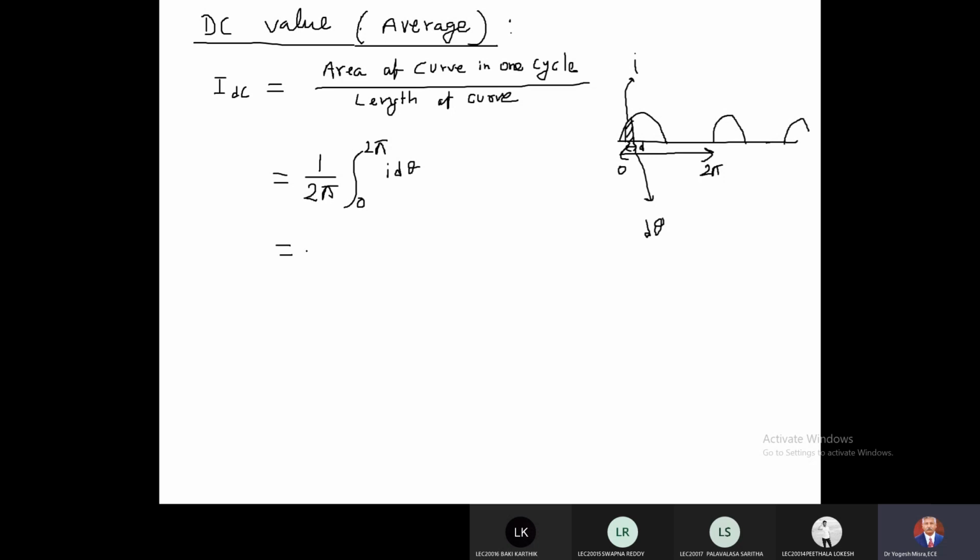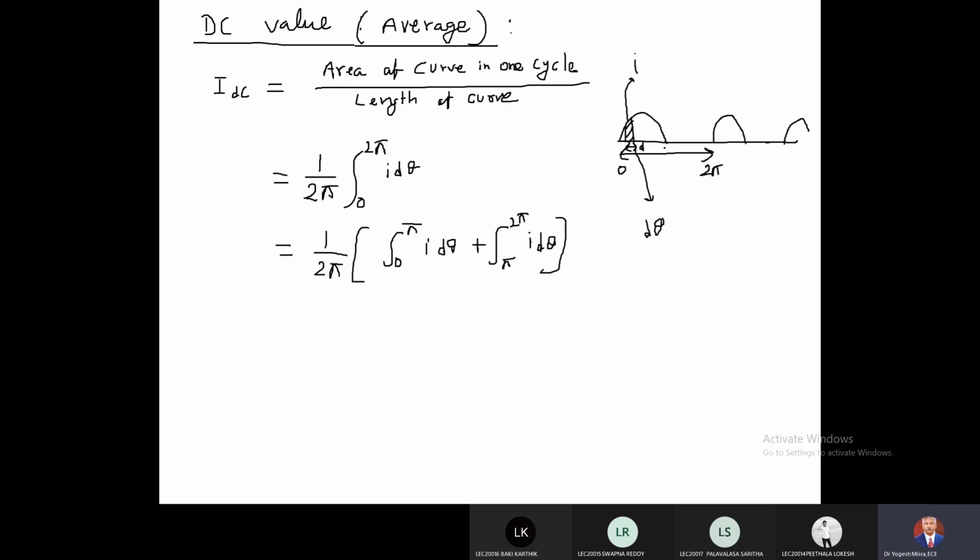So this will be equal to 1 by 2π. Inside the bracket, I will split this integral limit in two parts, 0 to π I dθ plus π to 2π I dθ, right?